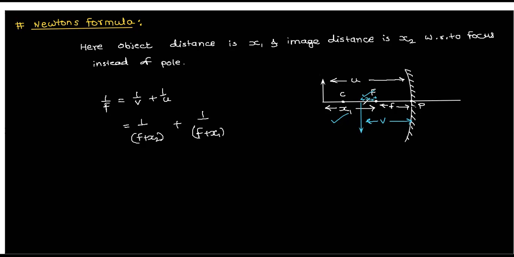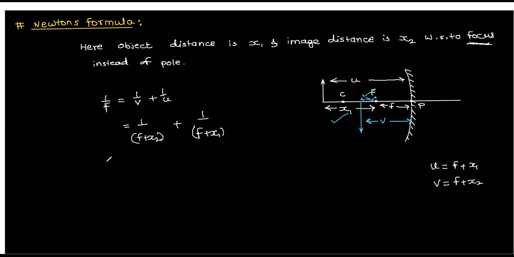Focal length plus this x2 is your image distance. Focal length plus this x1 is your object distance. So you just have to replace this u. I'm writing here u is equal to F plus x1, v is equal to F plus x2. Understand? Because you see here the object distance is x1 and the image distance is x2 with respect to the focus. Keep it in mind.